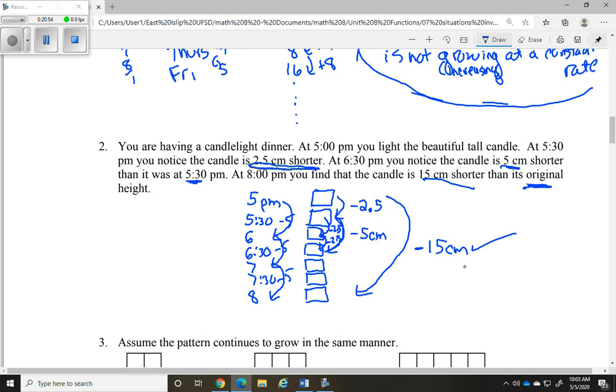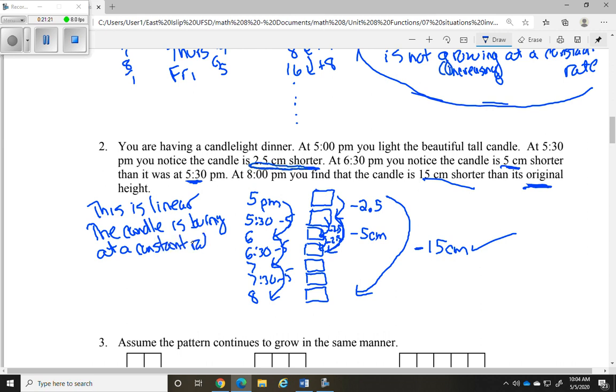So this one was a tricky one to think about, but really the candle is burning at a constant rate. Yes, this is linear. The candle is burning at a constant rate.